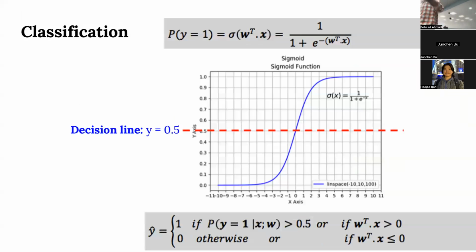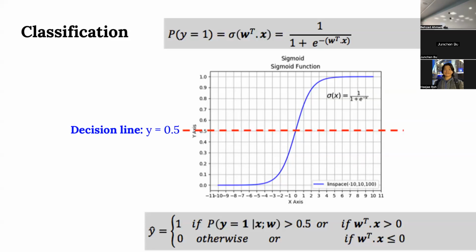Just repeating and saying where you make your decision. You can simply go back and compute Z. If Z is larger than 0, say class 1; if Z is smaller than 0, class 0. The good thing is that the sigmoid function converts Z to a probability for you, and you need that.